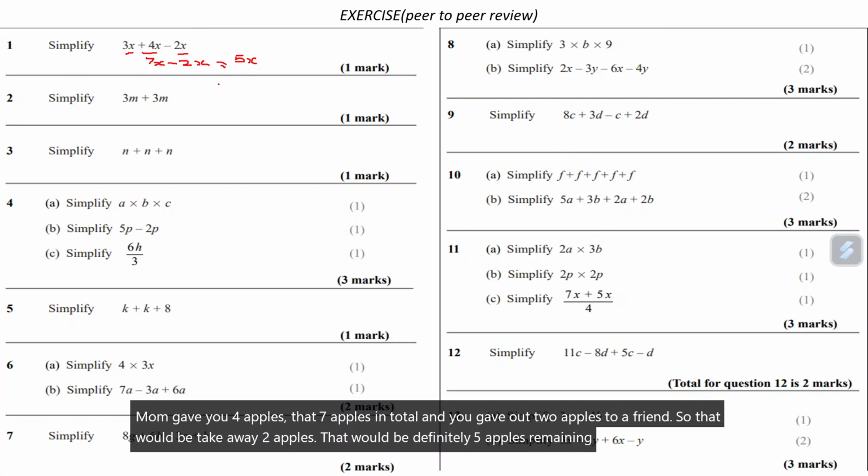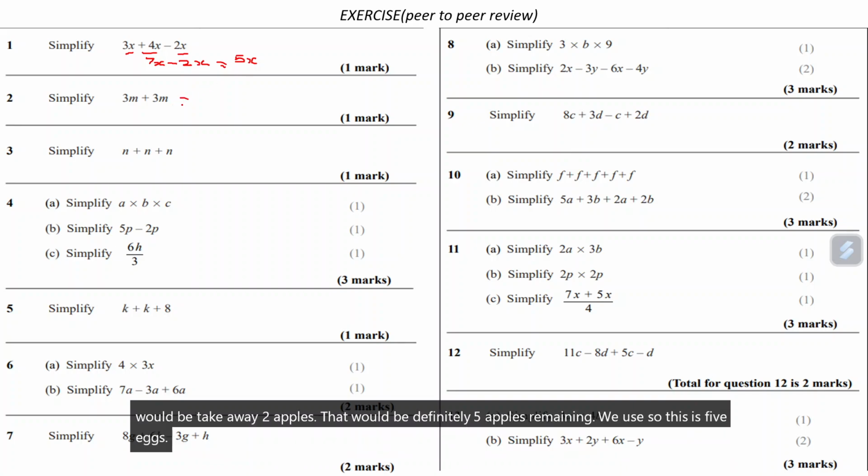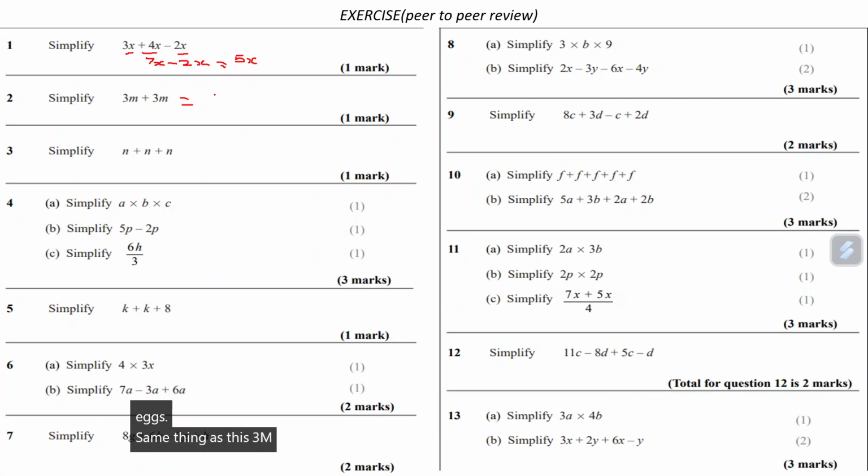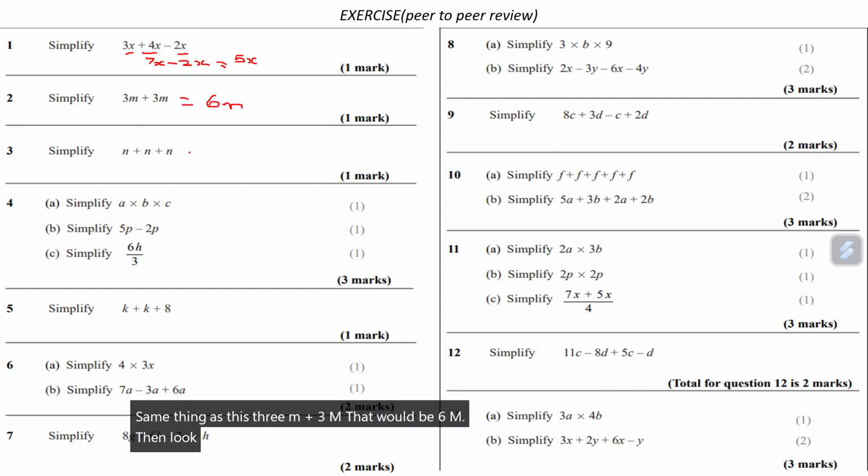So this is 5x. Same thing as this, 3m plus 3m, that would be 6m. Then we look at this, n plus n plus n, that will definitely be 3n.